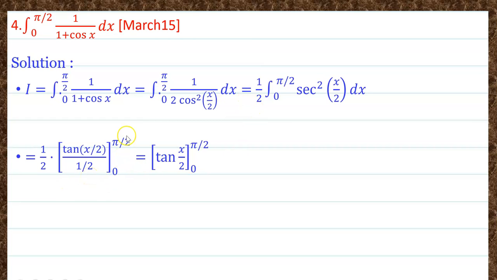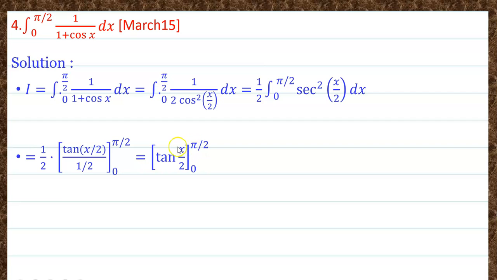Lower limit is 0, upper limit is pi by 2, and here the 1 upon 2 constant divided by 1 upon 2 cancels, and you will get tan of x by 2, lower limit is 0, upper limit is pi by 2.